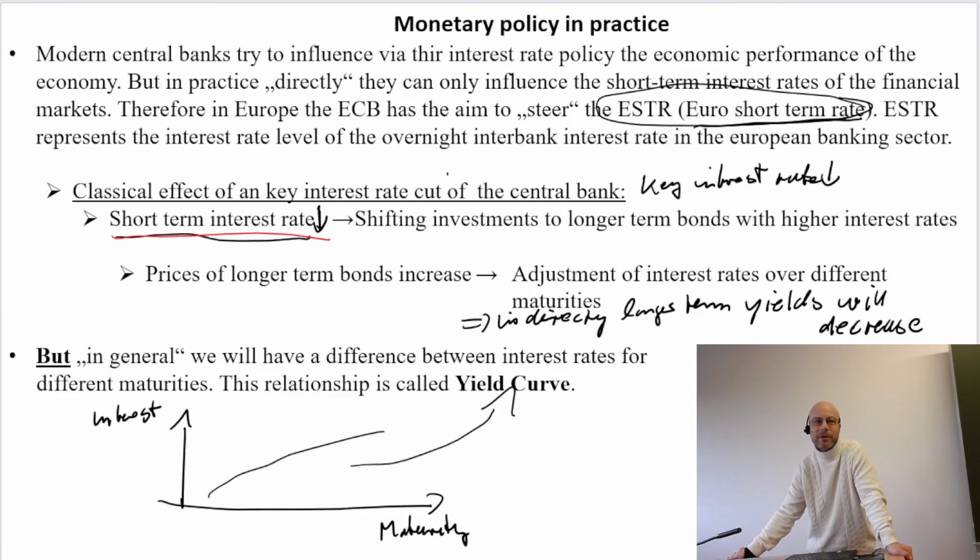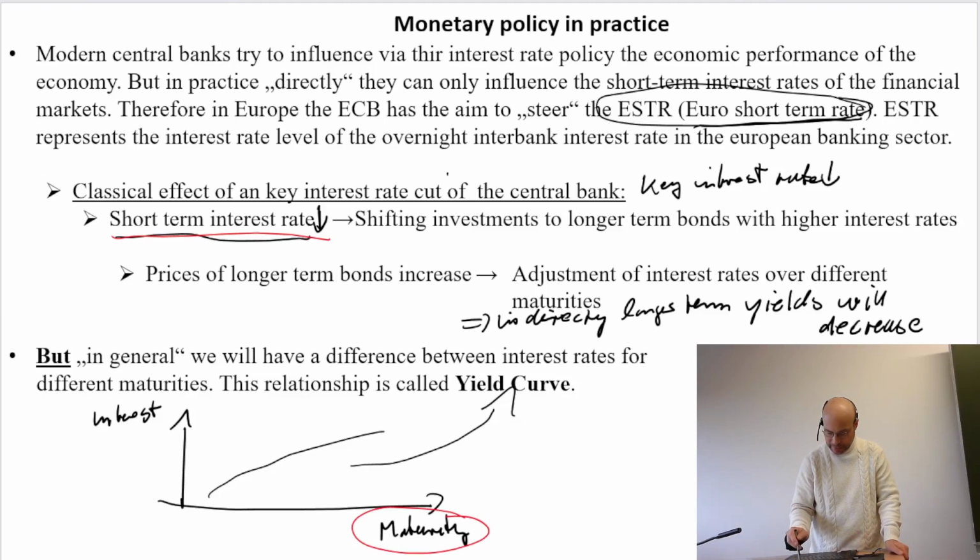So I move to longer-term bonds, then the prices of longer-term bonds will rise. So the yield of longer-term bonds will then also drop. And so we can say it starts from the short-term interest rates and then feeds through the whole system. But anyhow, in general, we will see different interest rates for different maturities, and this is the so-called yield curve.